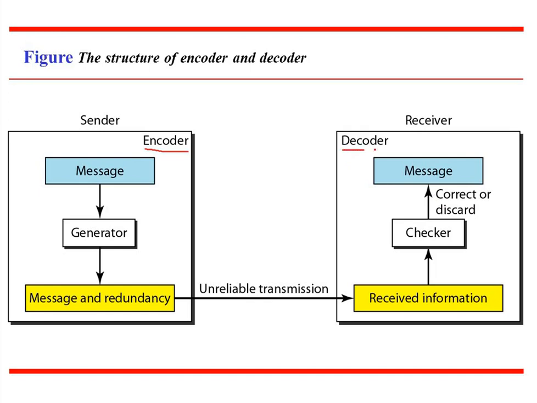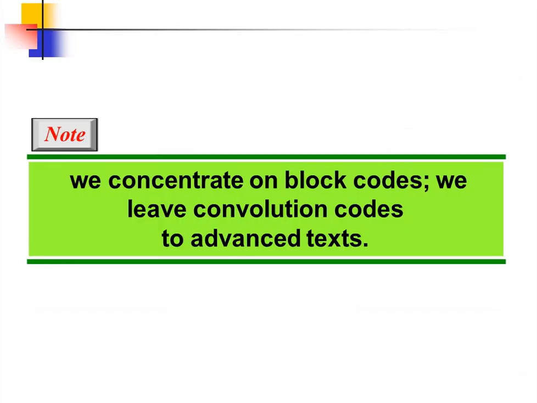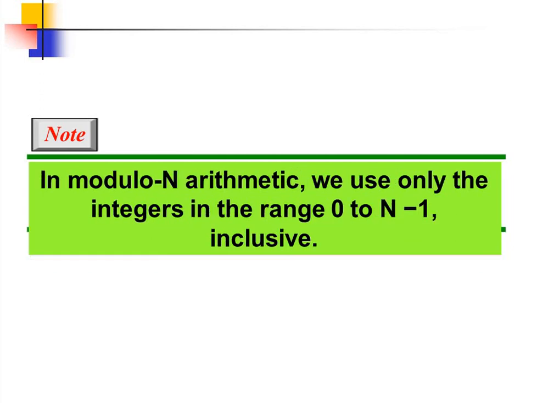This method is called decoding. So at the transmission end encoding occurs, and at the receiving end decoding occurs. This is how the information proceeds. We will be concentrating on only block codes, and we'll leave the convolution code for the next one.